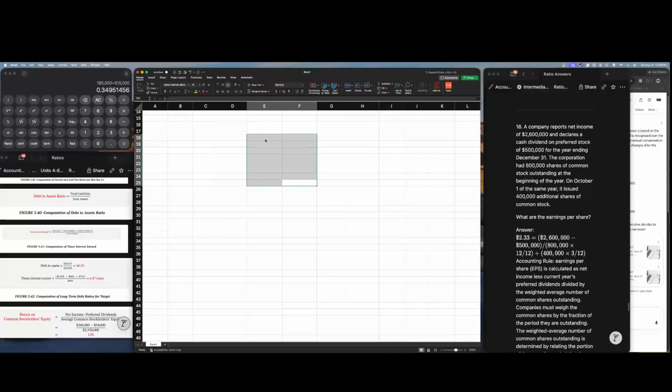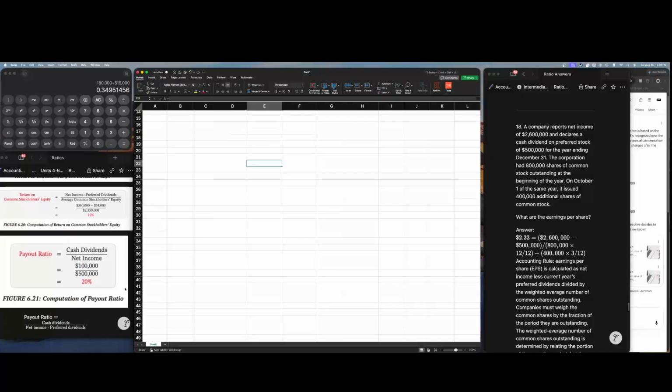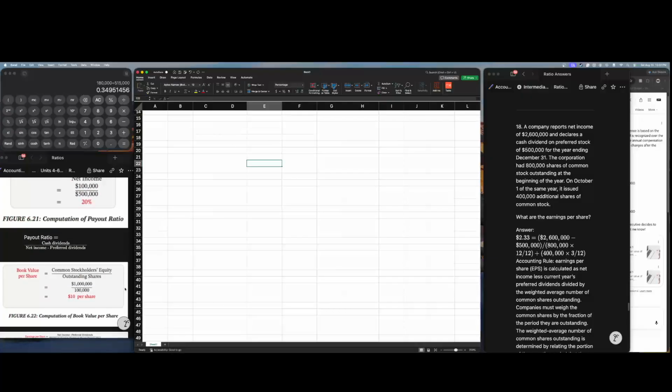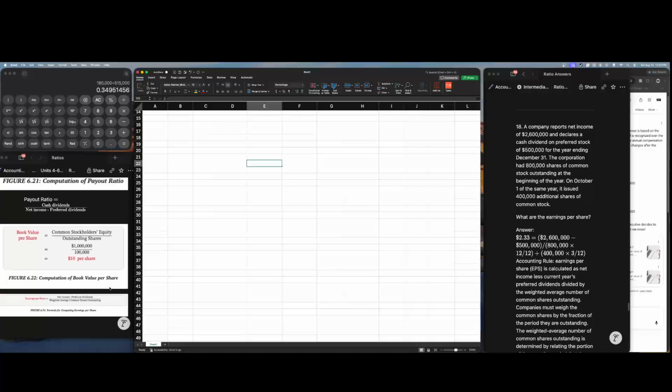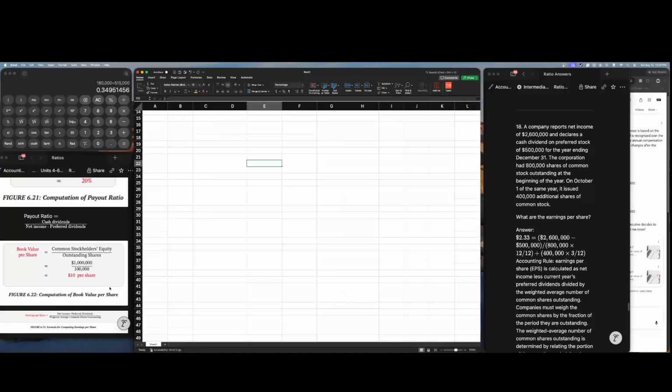Earnings per share. This one's good. EPS. Calculate EPS: net income minus preferred dividends, and the weighted average.